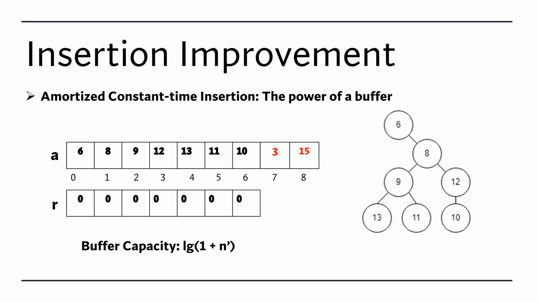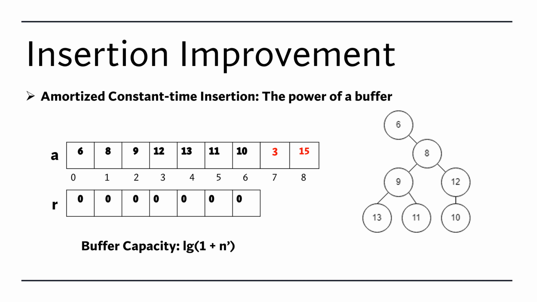Now I want to perform the insertion operation by using a buffer. For this operation, we have a weak heap, an element array of the weak heap that is split into two sections, a buffer and a reverse bit array R. For example, here we have a weak heap of 7 elements, from n equal to 0 to n equal to 6, and the buffer contains two elements, 3 and 15, from n prime equal to 7.